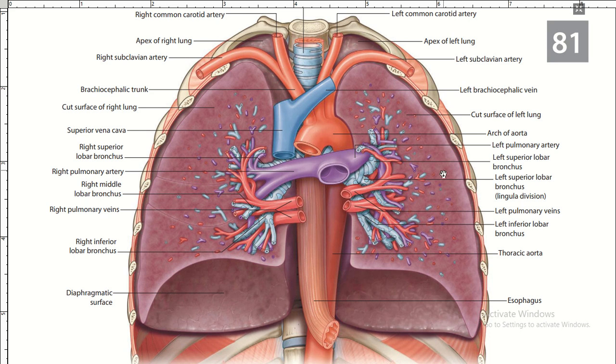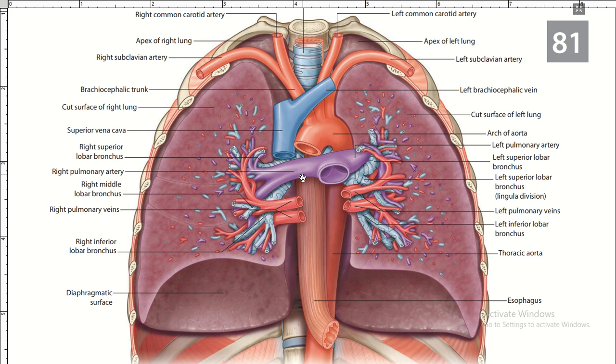But as for your deep lymphatics, you're going to have pulmonary lymph nodes that will drain into your bronchopulmonary lymph nodes, and the bronchopulmonary lymph nodes will drain into your tracheobronchial lymph nodes, and the tracheobronchial lymph nodes are going to drain into your bronchomediastinal lymph nodes. That's where it gets exciting.